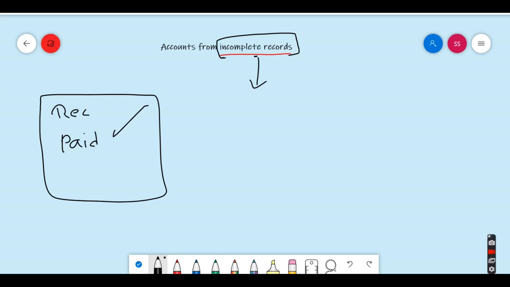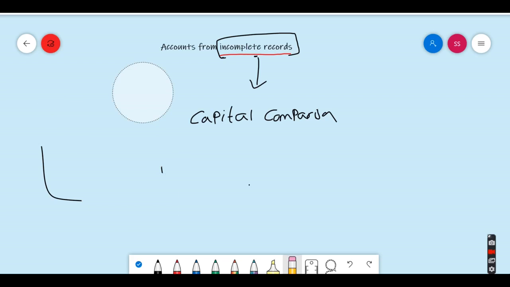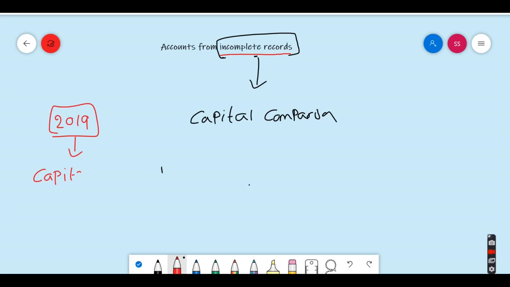Now, accountants popularly follow a method called capital comparison. Capital comparison, right? Let's just say in 2019 we started a business with a capital of 1 lakh.